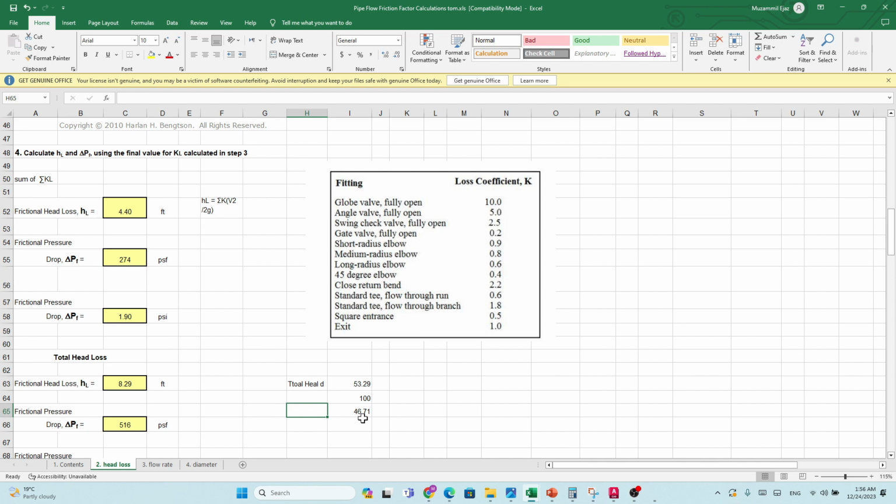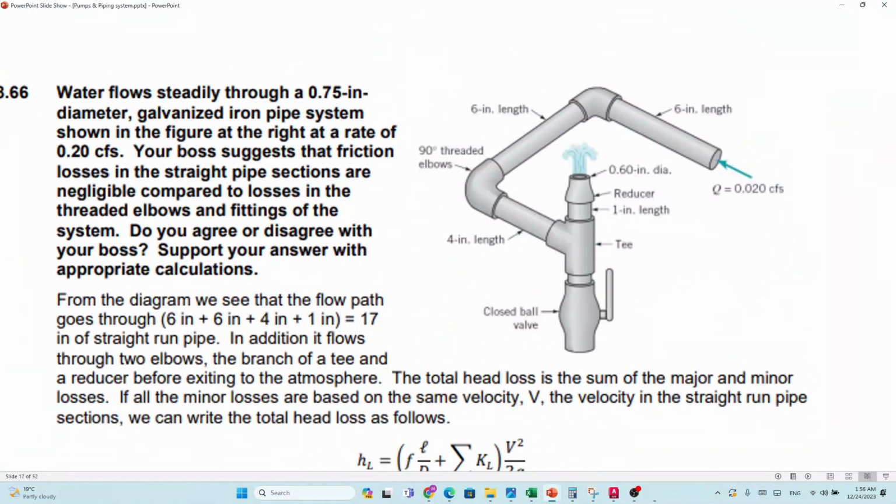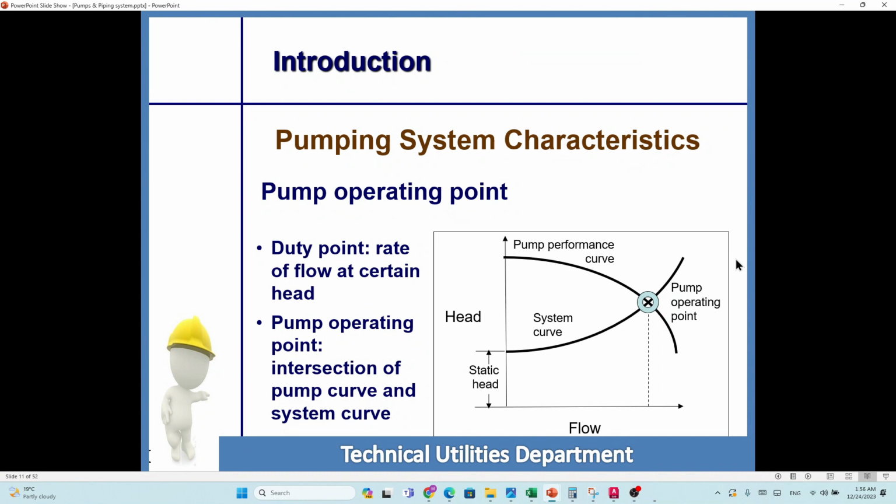The pressure still available at the pump is 46.71, which means the pump will run like this. If you go to the presentation, you have a total static head plus dynamic head of about 47. The pump will shift like this.